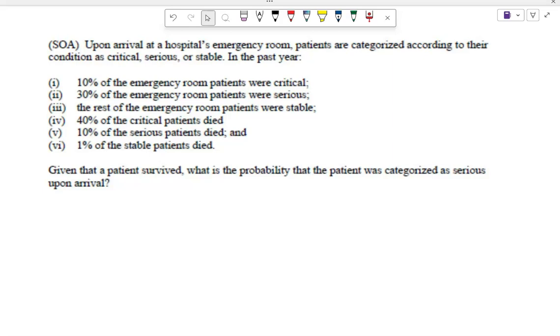Then it says 40% of critical patients died, 10% of serious patients died, 1% of stable patients died. Given the patient survived, what's the probability the patient was categorized as serious to start with?